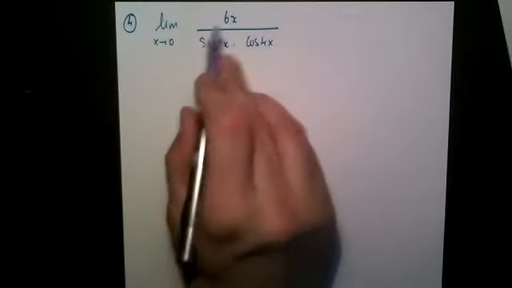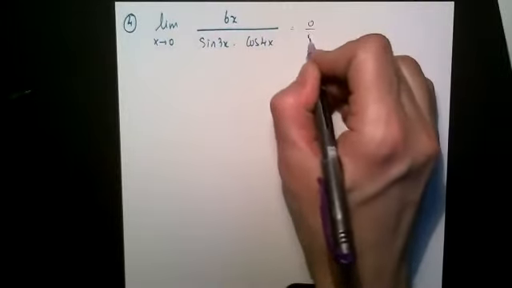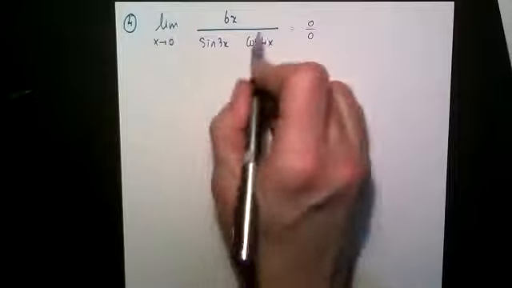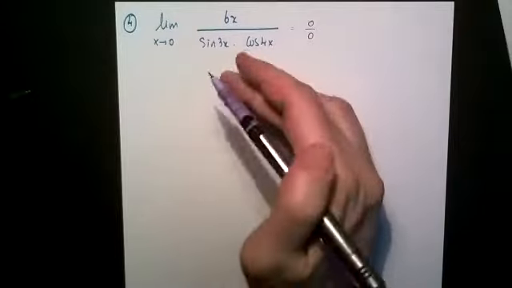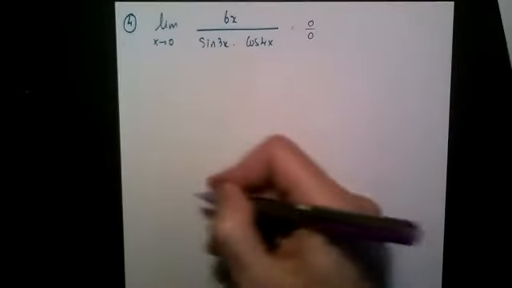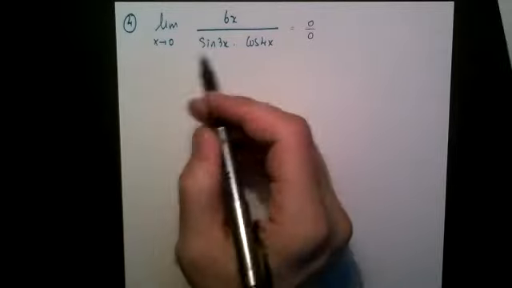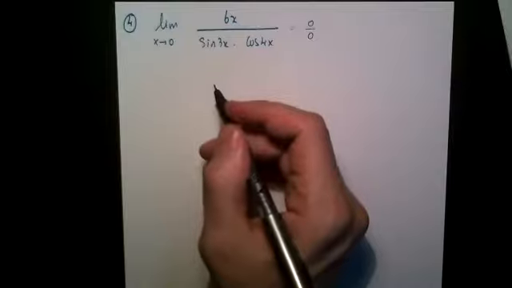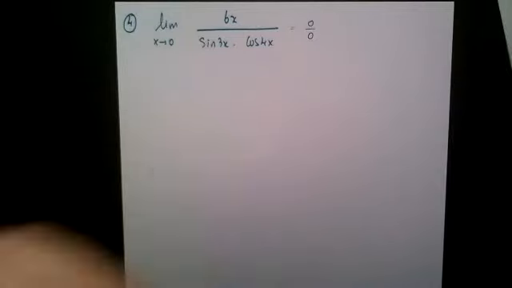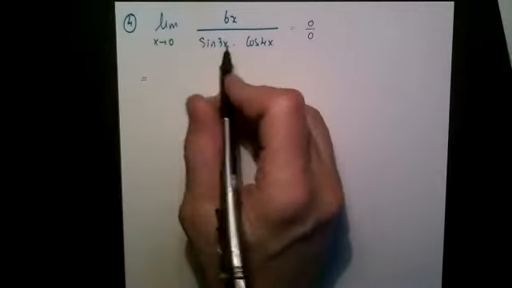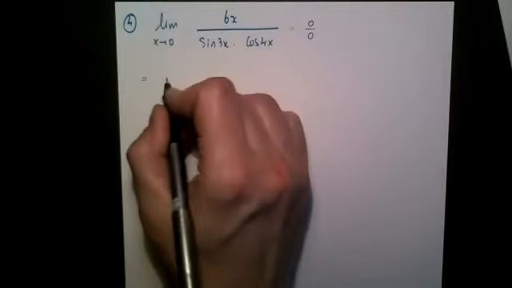So again, if you plug in 0, you get 0 over 0. So don't ever forget to plug in at the beginning, because you could end up wasting 10 minutes factoring and breaking your head. Well, you just plug it in and it works. I've done it before. Okay, so equals, I'm going to pull out a 2 outside.